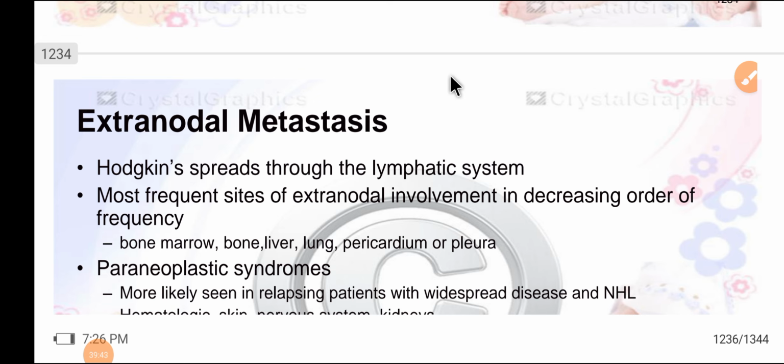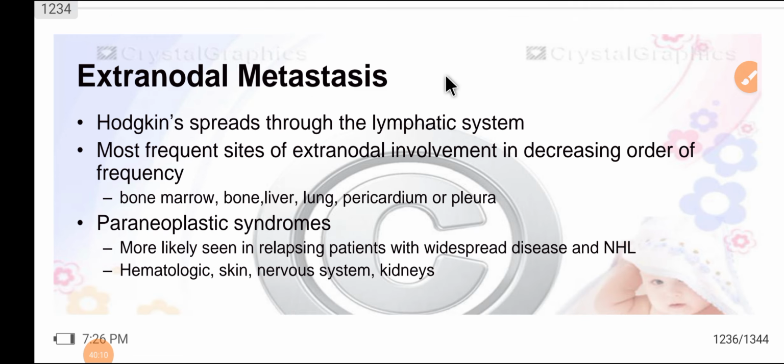Extranodal metastasis. Hodgkin's spreads through the lymphatic system. The most frequent sites of extranodal involvement, in decreasing order of frequency, are bone marrow, bone, liver, lung, pericardium or pleura.